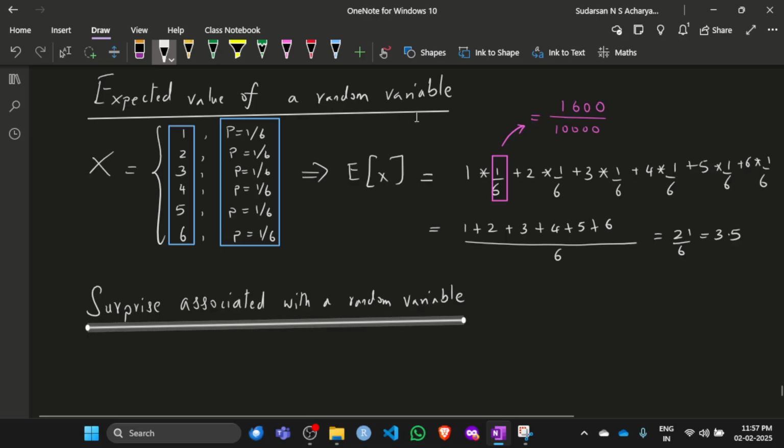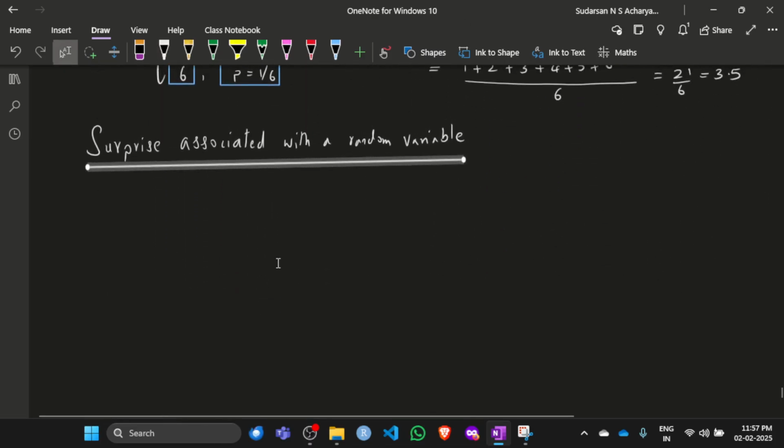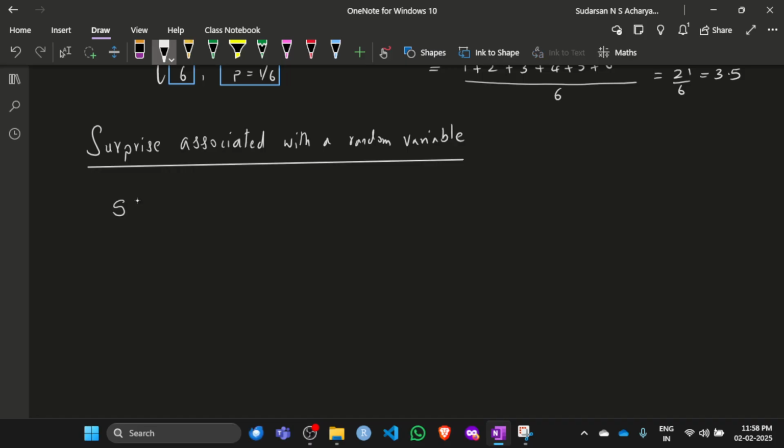So one way to define the surprise associated with a random variable showing up some value is to define surprise as this. So I'm going to use S of X here, like so. Surprise associated with the random variable, just like the expected value associated with the random variable, right?